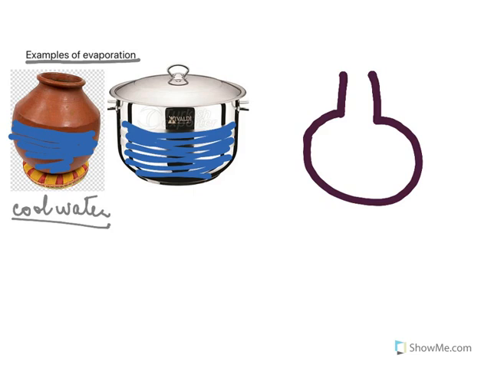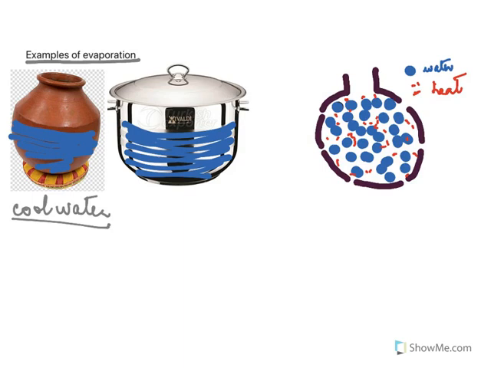So here's the earthen pot with water in it. Now this earthen pot is porous. It has got these little pores.